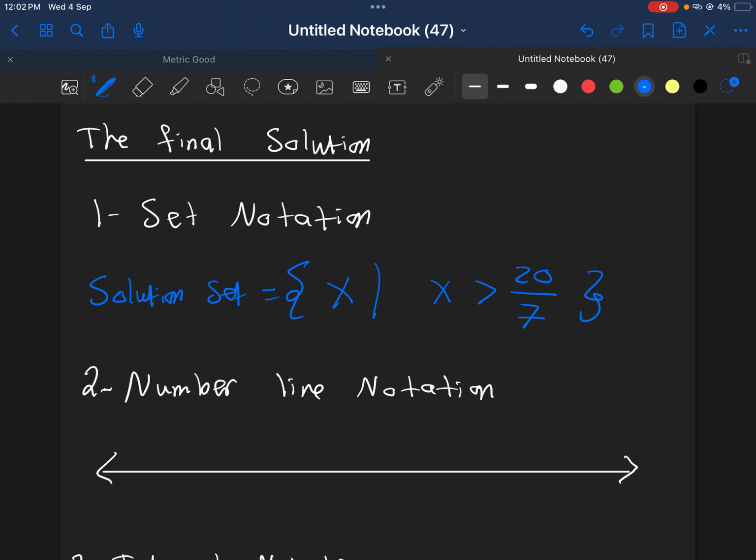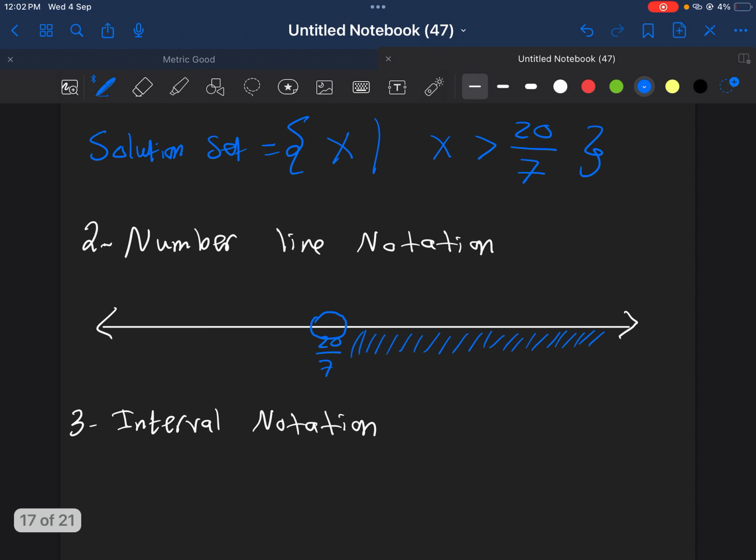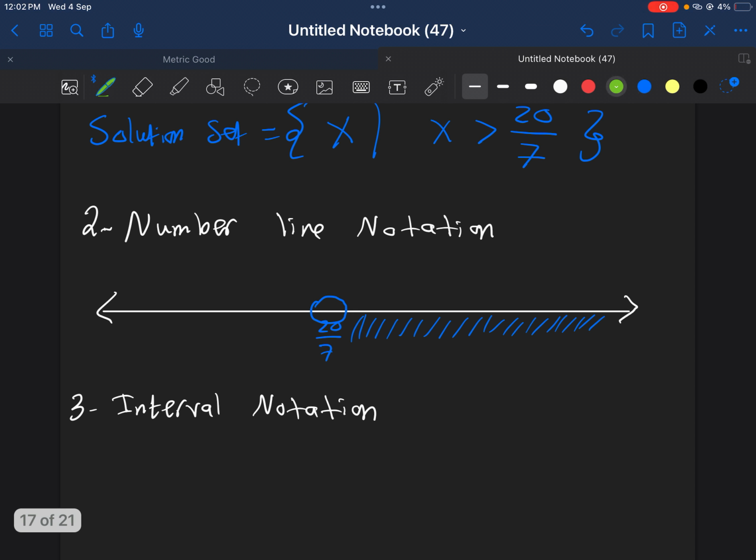So 20 over 7 is here somewhere. Now we need to shade everything greater than 20 over 7, which is only this side. And 20 over 7, we have to make it open, like this.